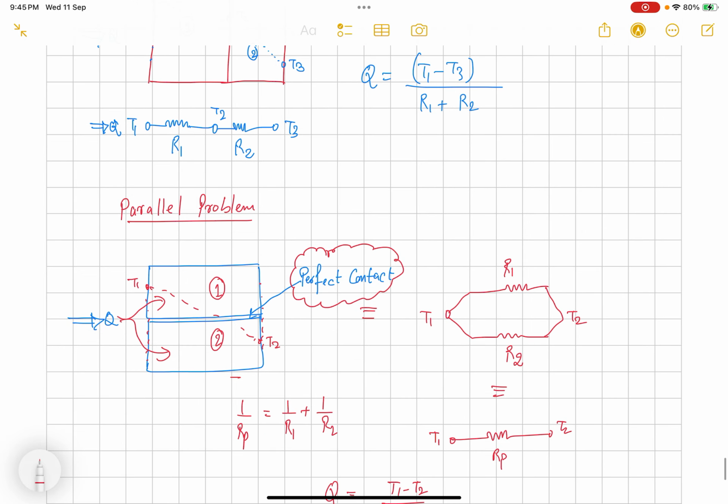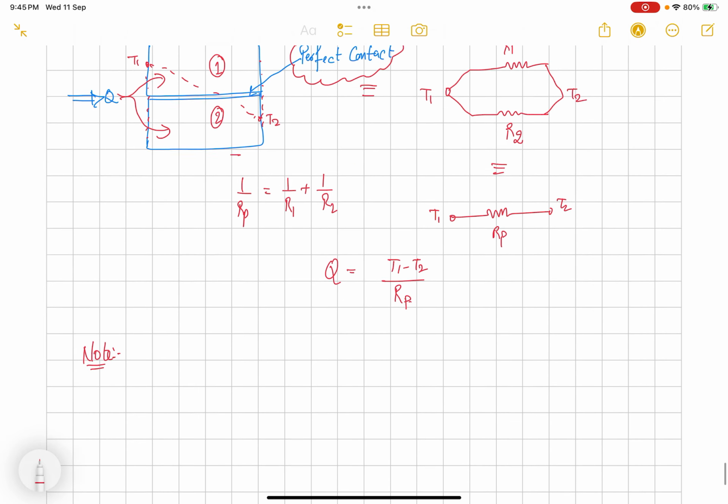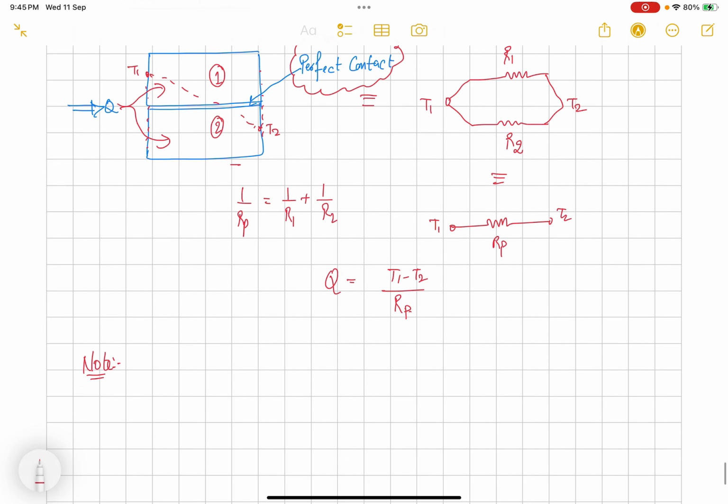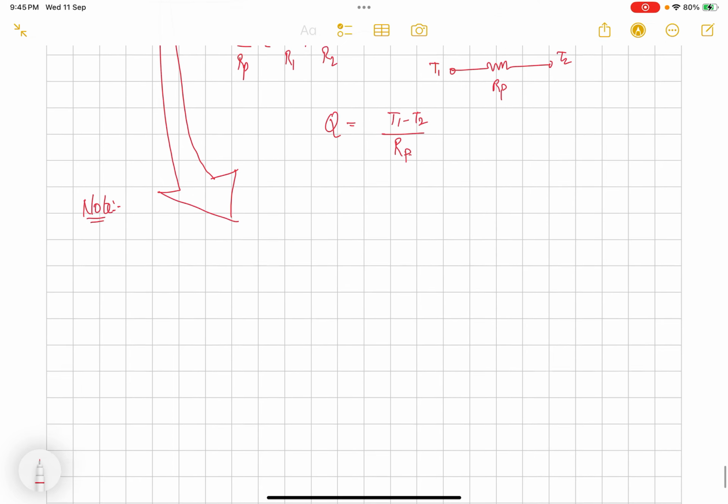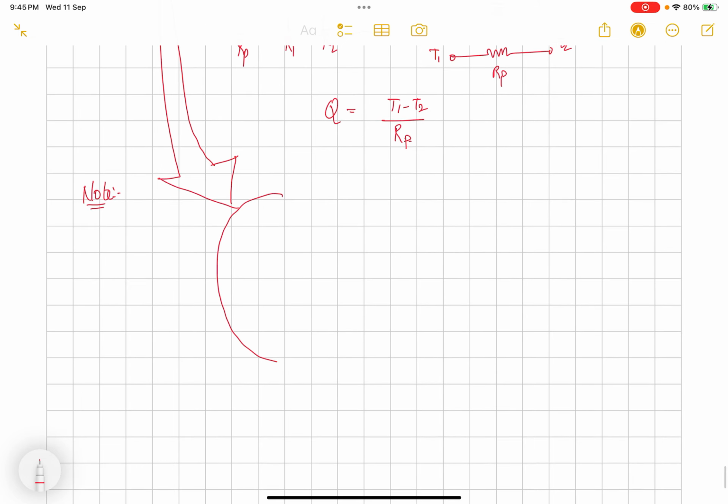Nothing like perfect. Okay, when you focus on this area with a microscope and zoom in, you will see something like this. I'm just exaggerating it.